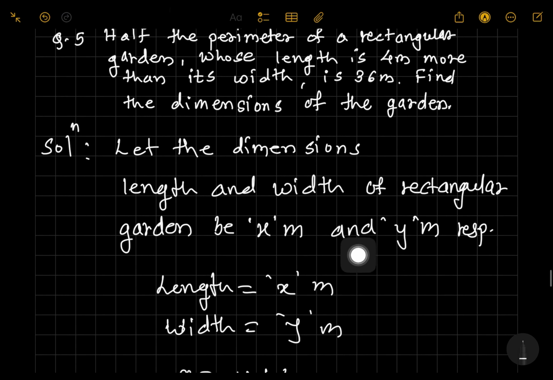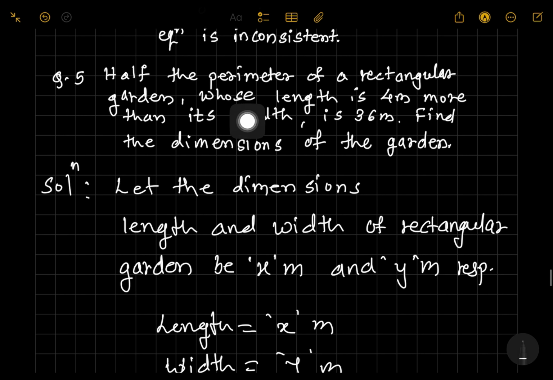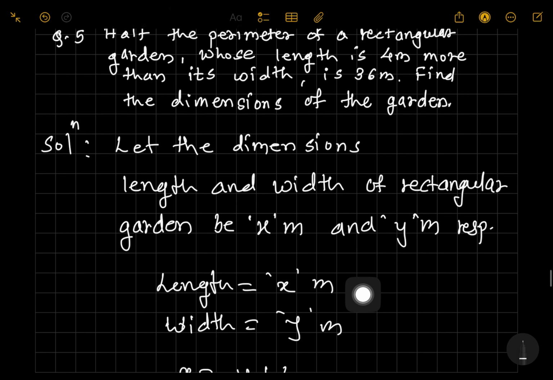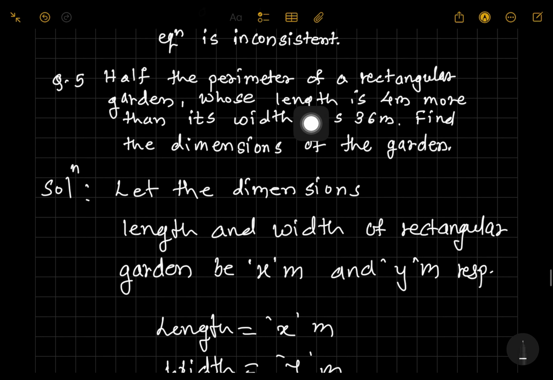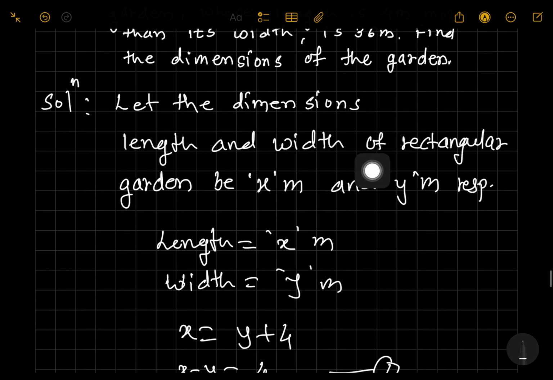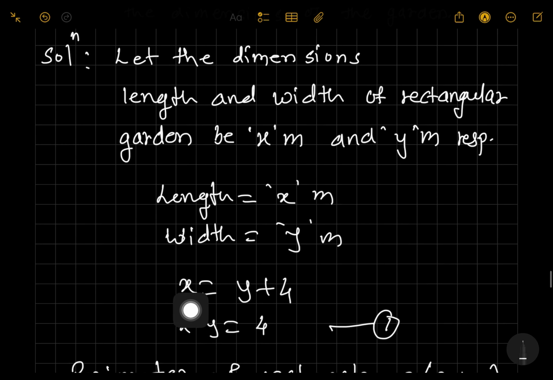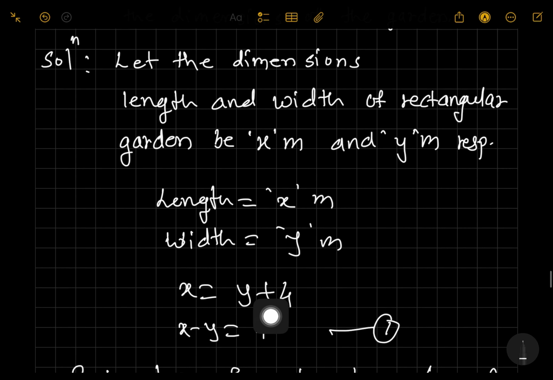Half the perimeter of the rectangular garden, whose length is 4 meters more than its width. Here length is x meters and width is y meters, and the information given is that the length is 4 meters more than the width.